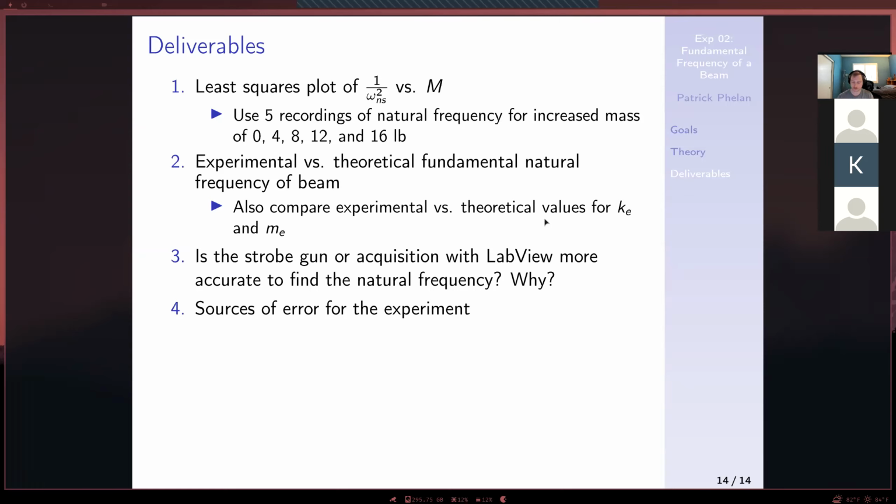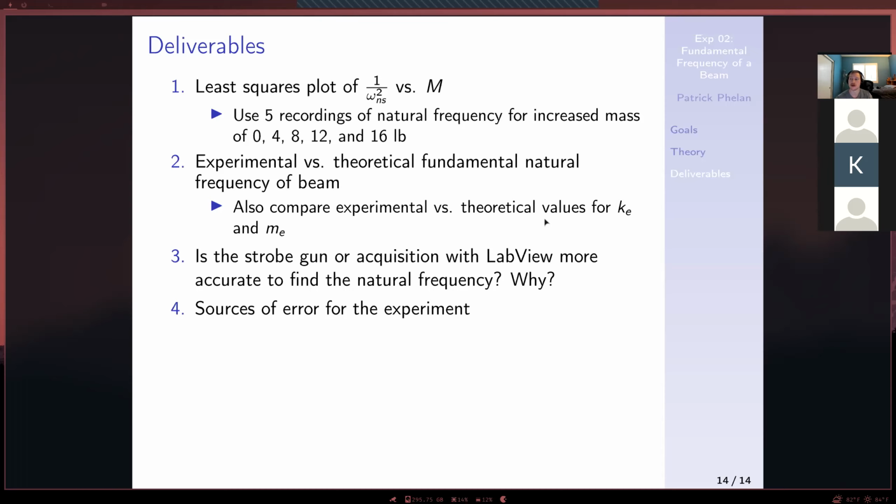But for this, probably a good place to start is the strobe gun. How are we using the strobe gun? I remember from 06B, you have to be perpendicular to the reading that you're getting. So if you're at an angle, like a 40-degree angle or something, it's not going to be as accurate. So that would be something you could talk about.